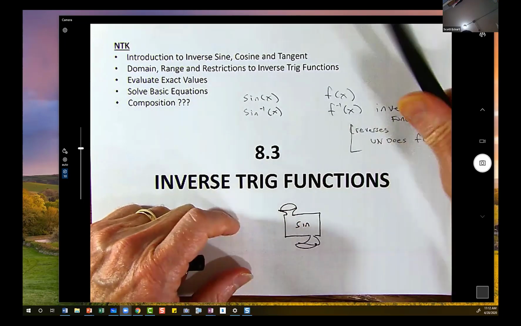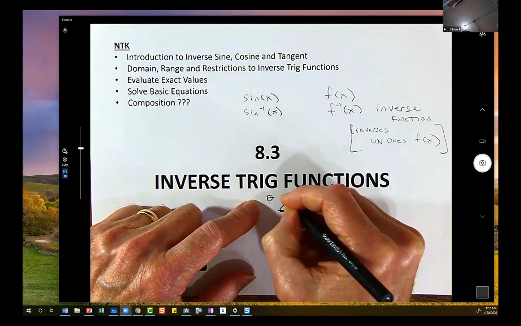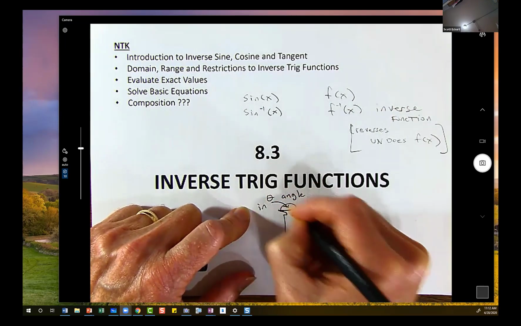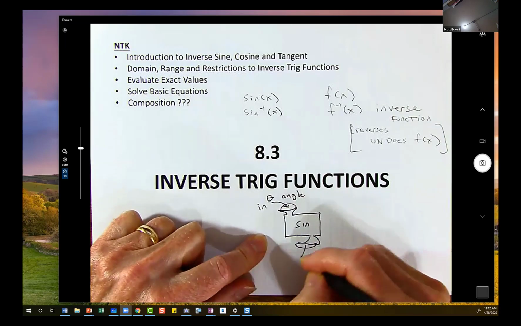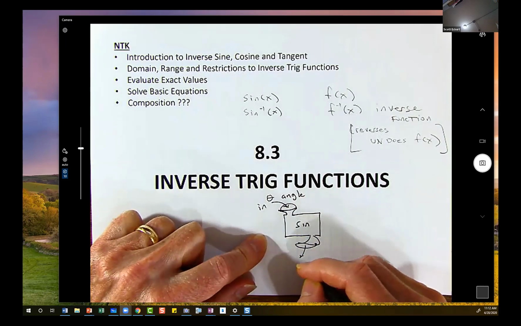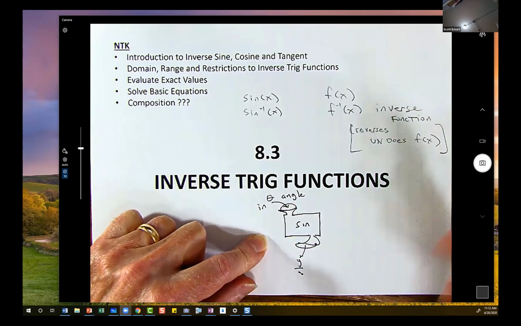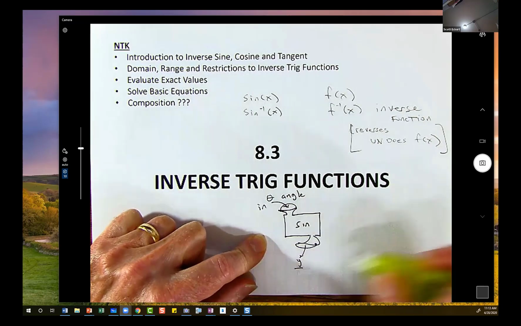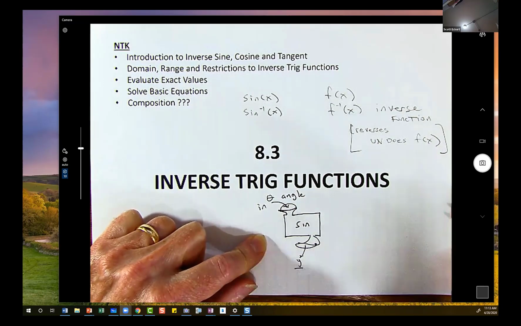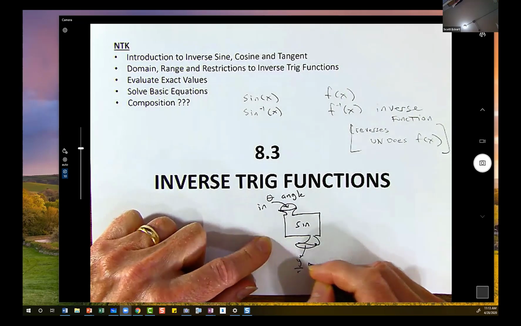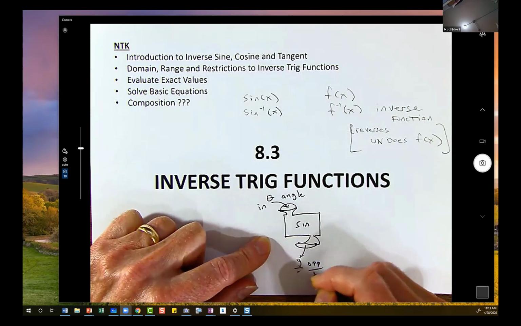And so what sine does is sine takes an angle as its input, and what comes out of it is a ratio. Y over R, or we could do opposite over hypotenuse.